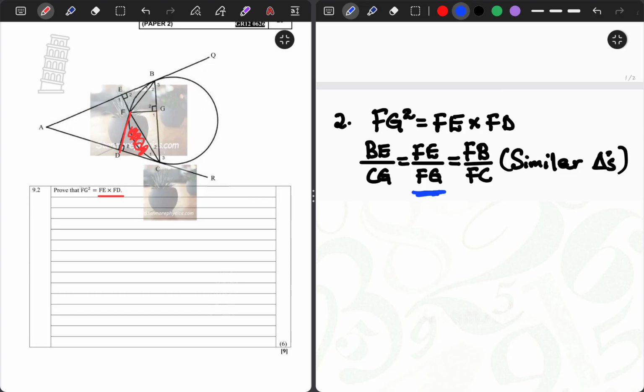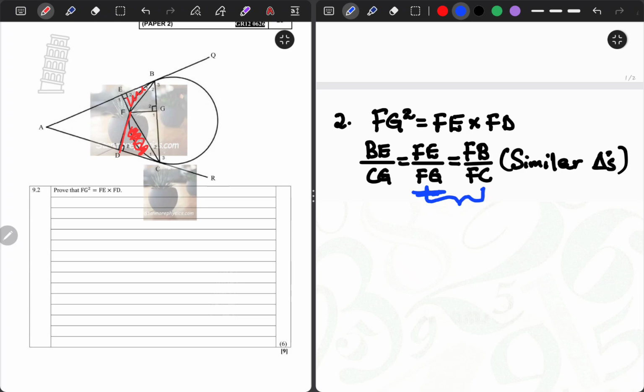Why should I work with that? Because I'm looking for FD, so I need to work with that triangle, and also this one, so that I can work with the last two.